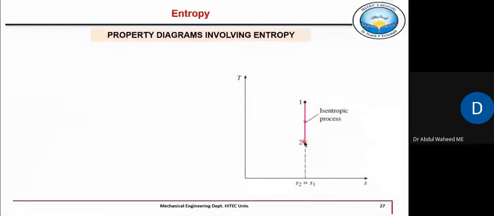ओके जी. So this is TS diagram. On TS diagram, this isentropic process will be exactly vertical line. Then we also discussed in the last lecture, there is one T versus S diagram.